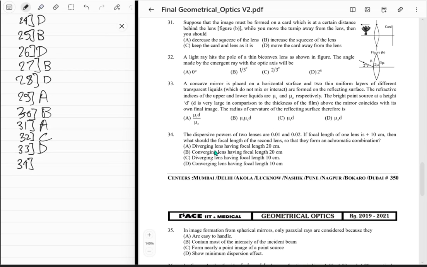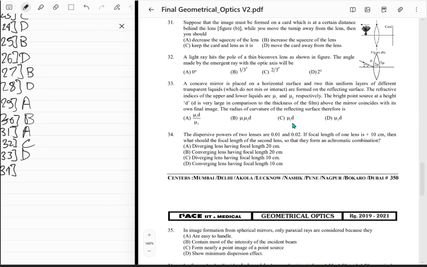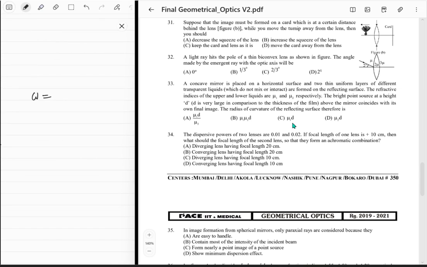Sorry, f violet and f red. That's how it's got to be. You get the idea, right? It's just delta f upon f yellow. That's what it is essentially. So that's the way it was defined, I think. Okay, so once again, just write that down. Our dispersive power is the focal length of violet minus focal length of red upon focal length of yellow.